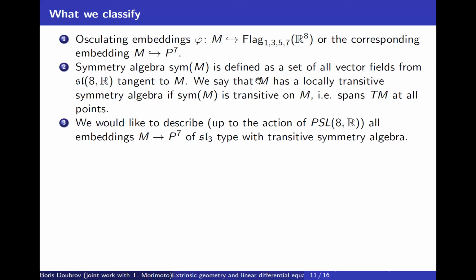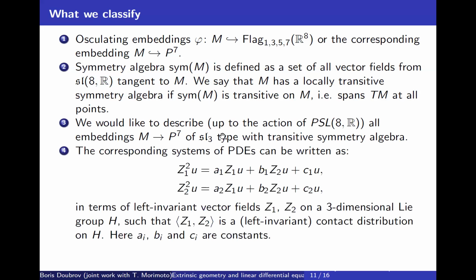In particular, the symmetry algebra should be at least 3-dimensional in this case, to be transitive on the contact manifold. If you assume this transitivity, then we can simplify the conditions on the corresponding system of PDEs we consider.